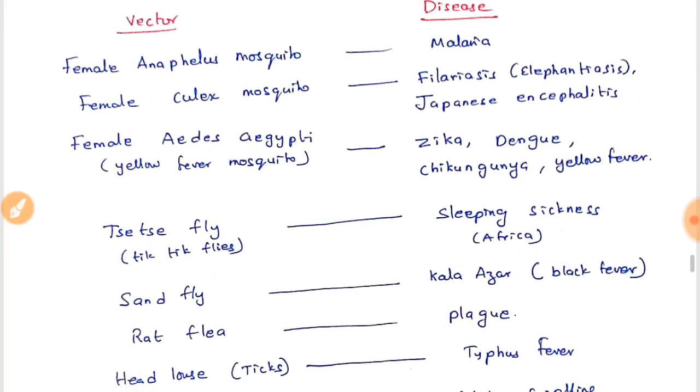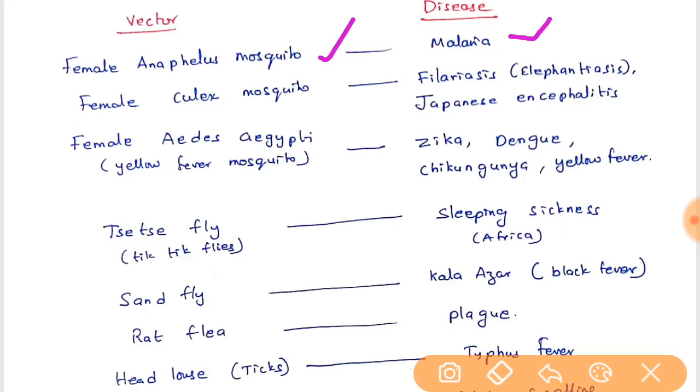So if we see some vectors and diseases, the female Anopheles mosquito can transfer malarial disease. The female Culex mosquito can transmit filariasis and Japanese encephalitis. Filariasis is also elephantiasis, friends.